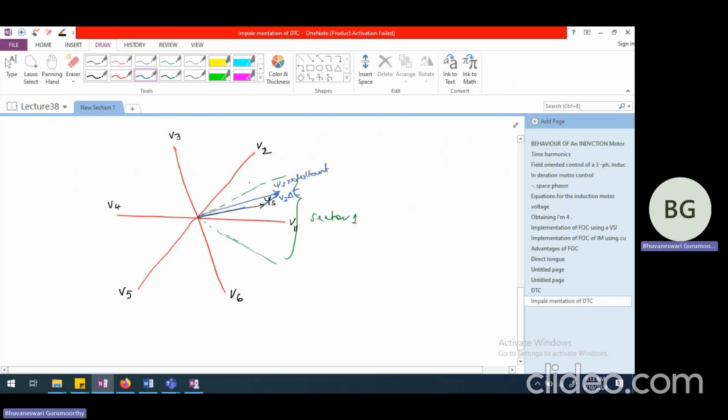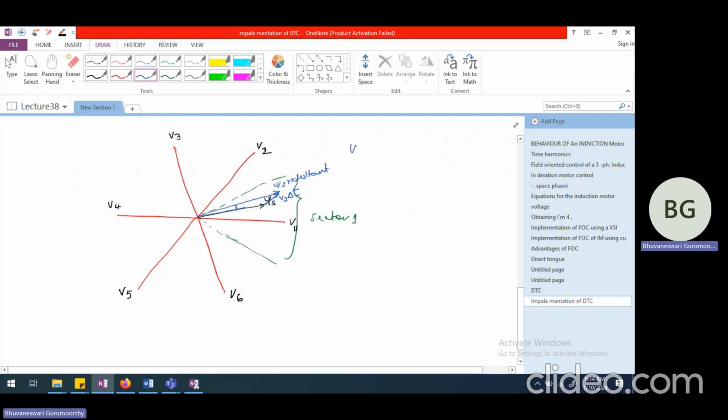If the resultant is obtained after applying V2 for a duration of delta t, the resultant is ahead of psi s by a certain angle, and it is also slightly longer than the original psi s.